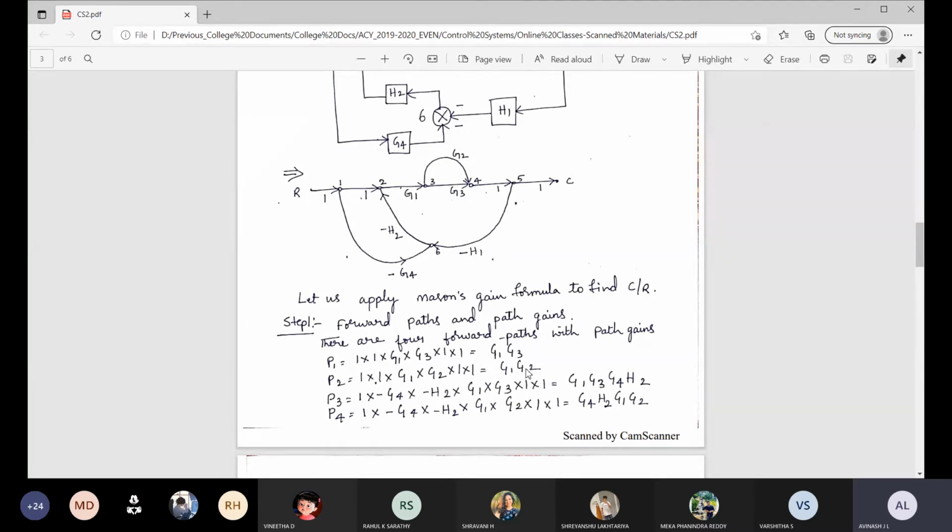Okay. So P3. P3 is what? 1 into minus G4 into minus H2 into G1 into G3 into 1 into 1. So it will be what? Minus into minus will become plus. It will become G1, G3, G4 into H2. Similarly, path 4: 1 into minus G4 into minus H2 into G1 into G2 into 1 into 1.